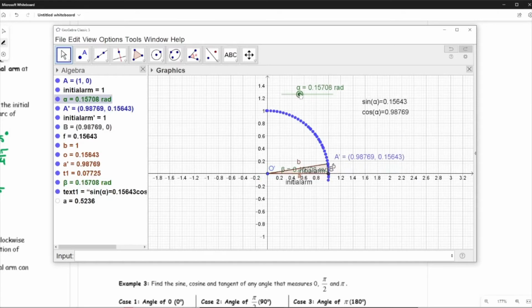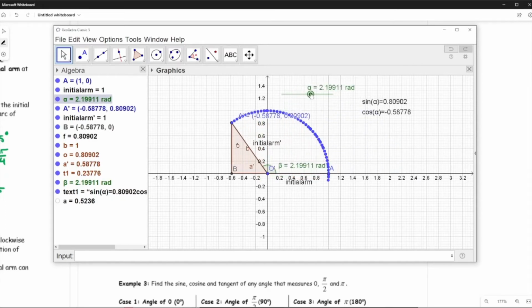What happens when I bring this into a quadrant that is too big to draw a right triangle? Well, what happens is the coordinates still tell me the answer. This is a big idea. My x coordinate has become negative.